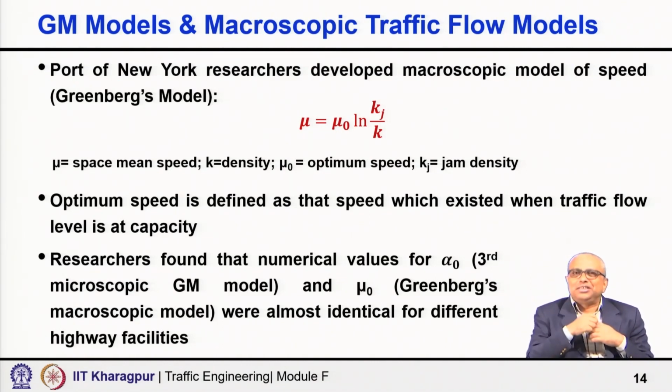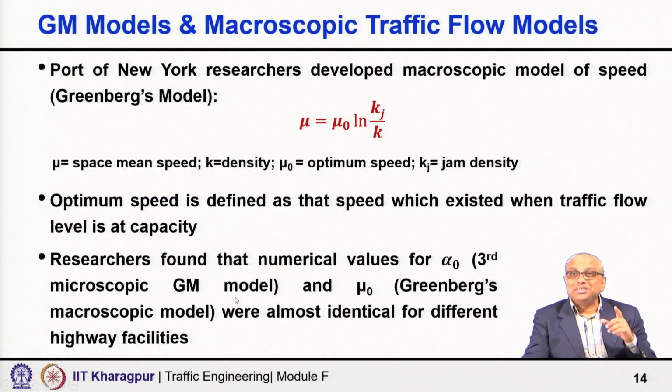Then they started thinking, is it just a sheer coincidence or are they really the same? What is mu 0 here in Greenberg's model and what is alpha 0 in the third generation microscopic model proposed by General Motors?